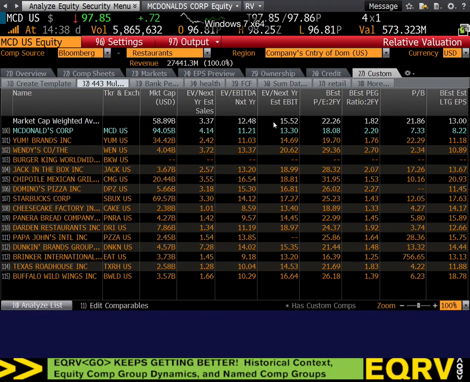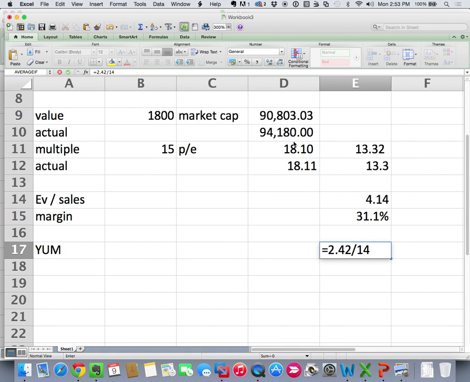EV to EBIT 14.69. Expected margin of Yum 16%. McDonald's has great margins. McDonald's has great ROIC.